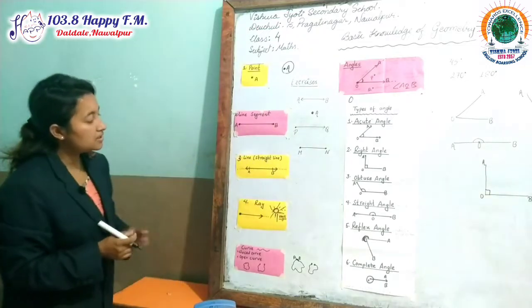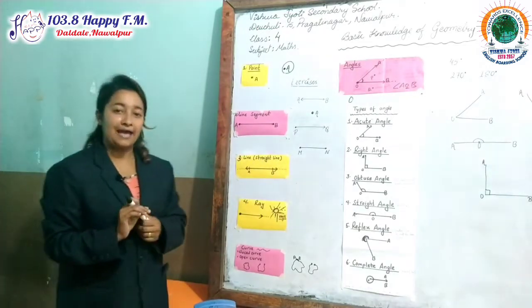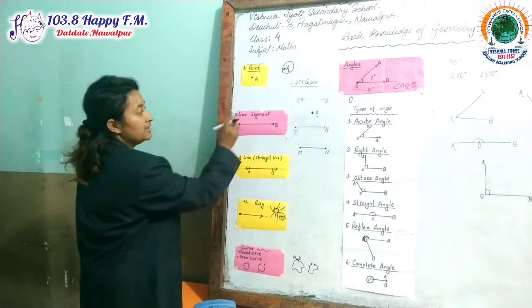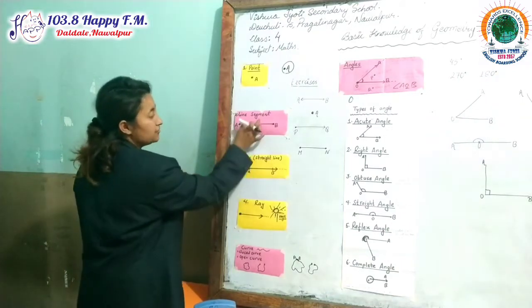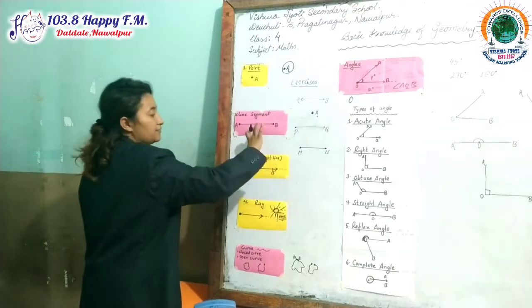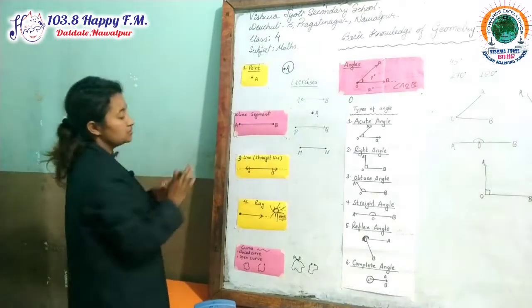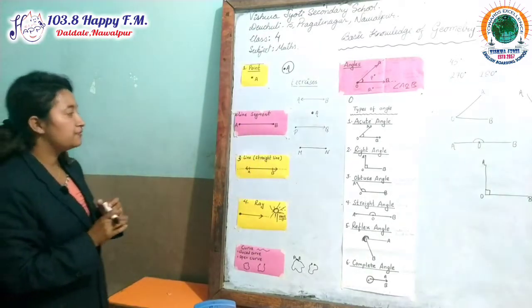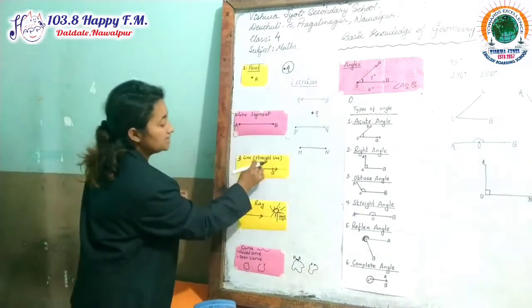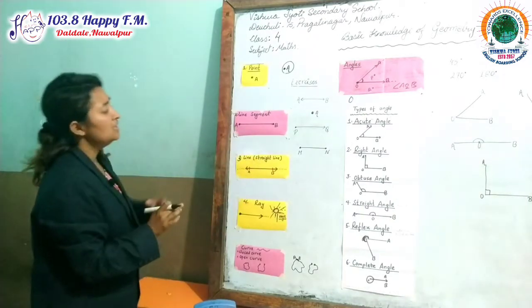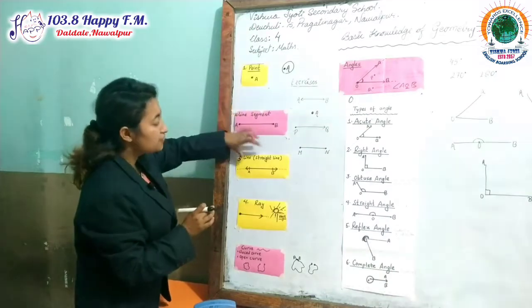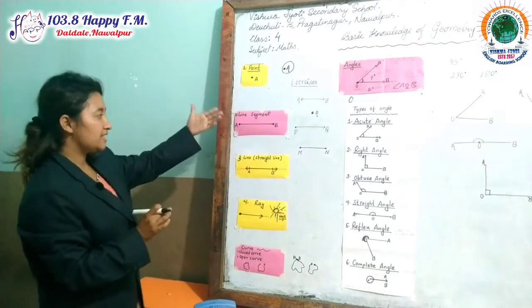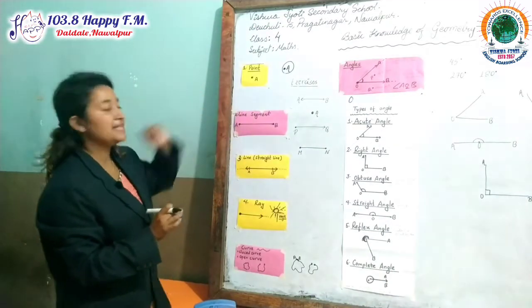So third, here comes the straight line. Here, straight line and line segment, I have written together so that I can explain the difference between a line and a line segment. A straight line is just the opposite of a line segment.